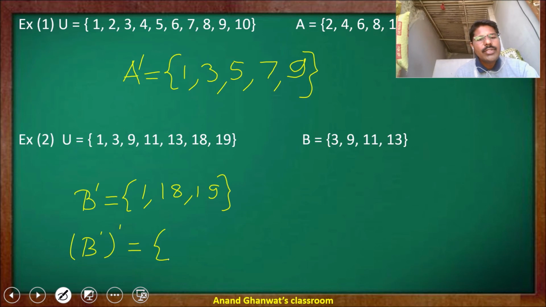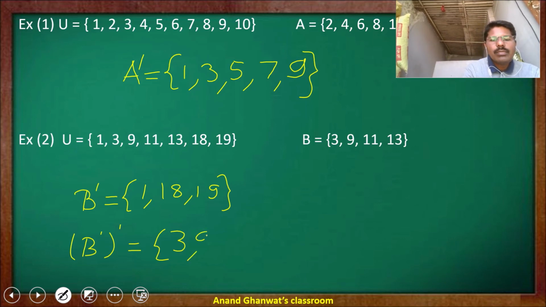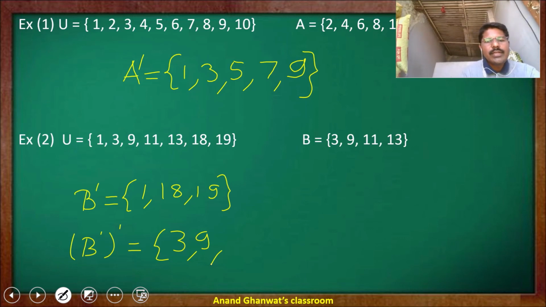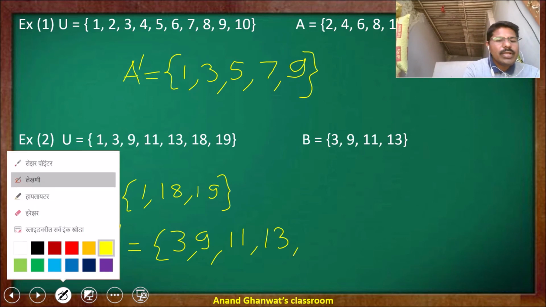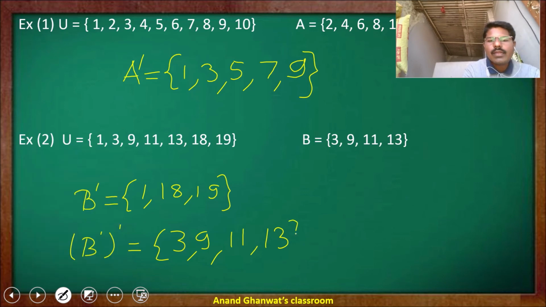The element 1 is present in the complement of B, element 3 is not present in the complement of B, element 9 is not present in the complement of B, element 11 is not present in the complement of B, element 13 is not present in the complement of B, element 18 is present in the complement of B, element 19 is also present in the complement of B. Therefore the complement of complement B is the set of elements 3, 9, 11 and 13.